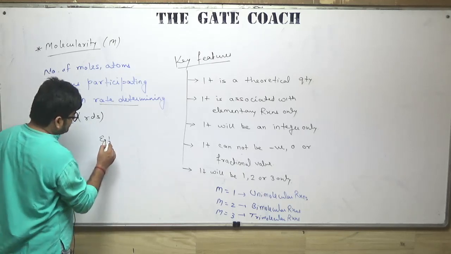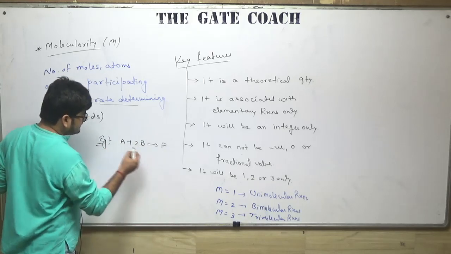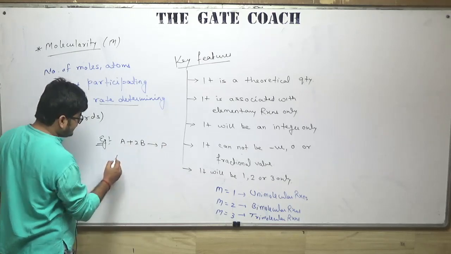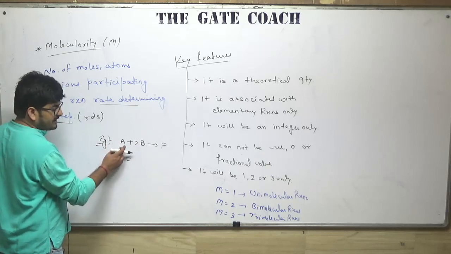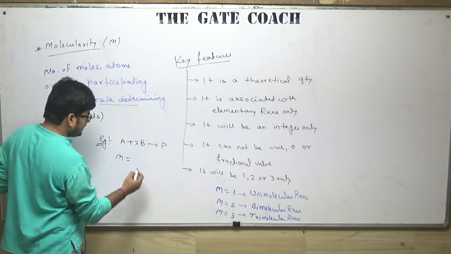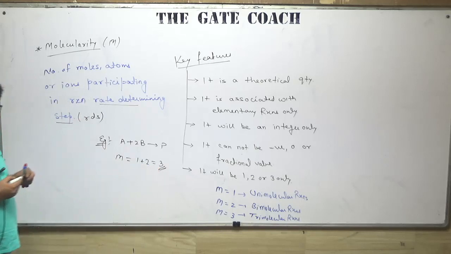For example, for any reaction, let's say this is the RDS. Then we can see that one molecule of A is participating with two molecules of B to form P. So molecularity will be 1 plus 2, that is 3.